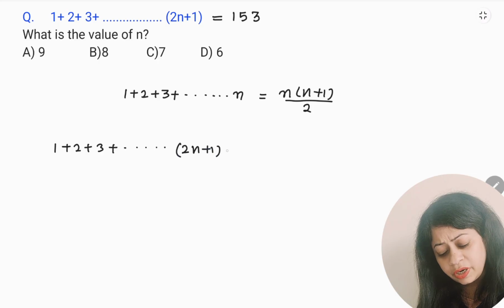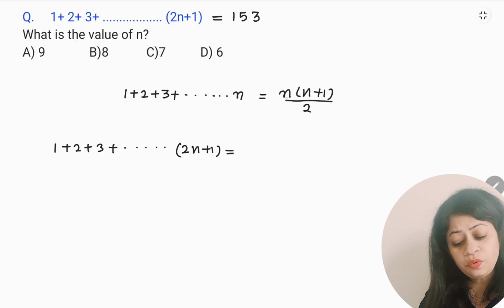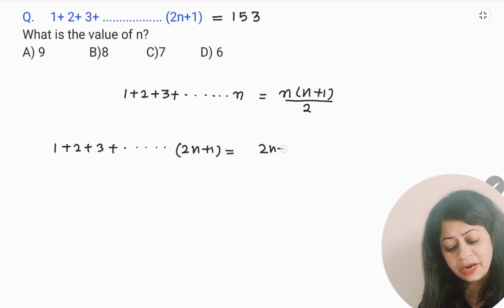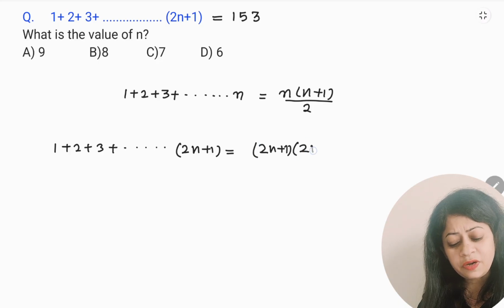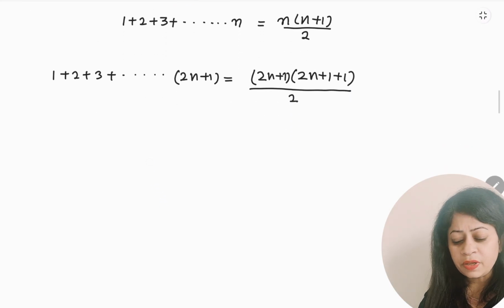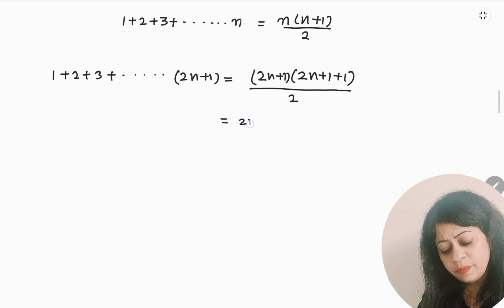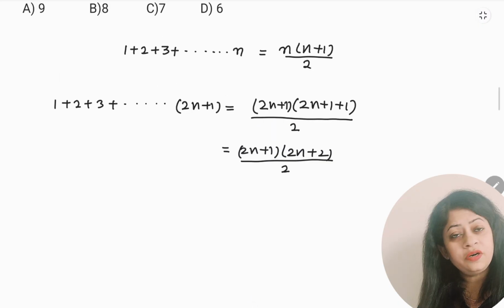This is our question, right? Okay, what will I do? Instead of n I will write 2n plus 1. Okay, then this n plus 1 will become 2n plus 2, right, divided by 2. Okay, so then this will become 2n plus 1 times 2n plus 2, divided by 2.